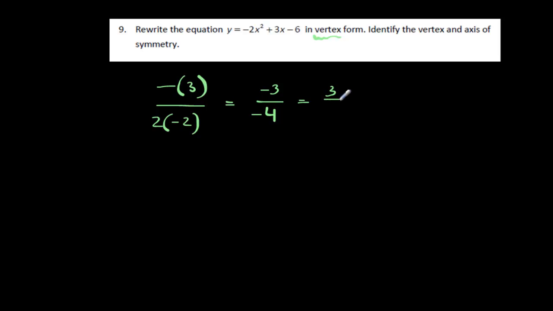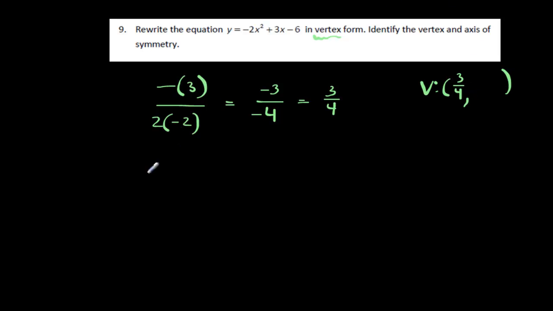Number 9, rewrite the equation in vertex form. So obviously, we have to find the vertex. To find the vertex when it's in standard form, you do the opposite of b divided by 2a. So we're going to have negative 3 over negative 4, which is 3/4. So that's my x-coordinate of my vertex.